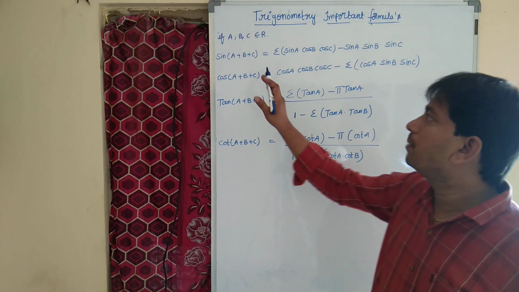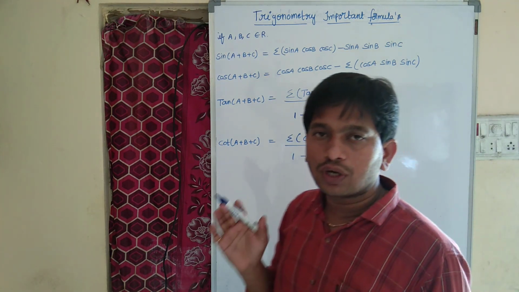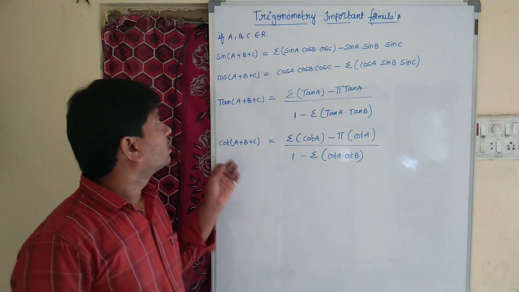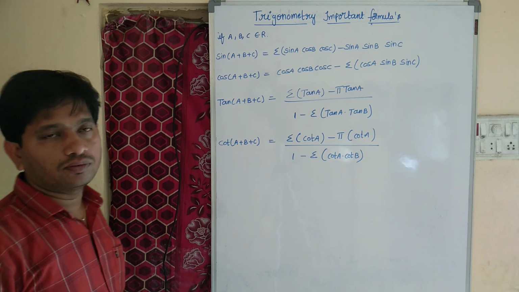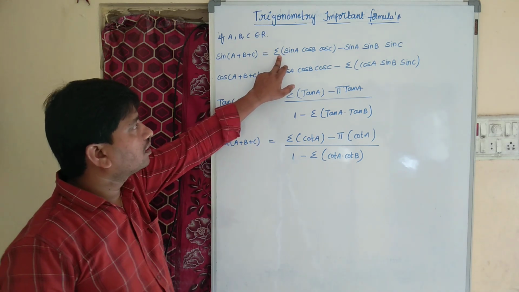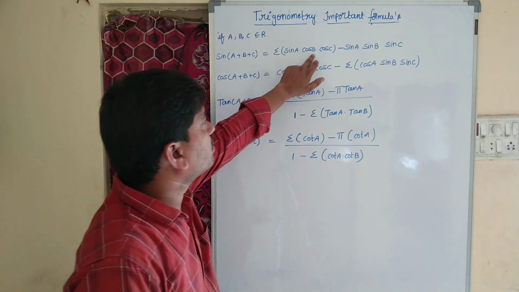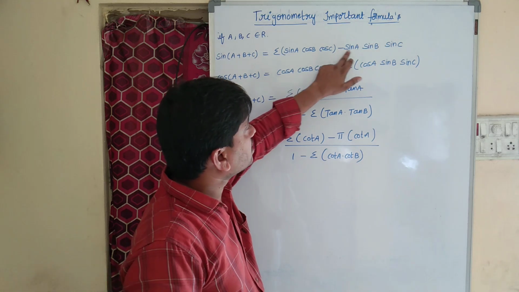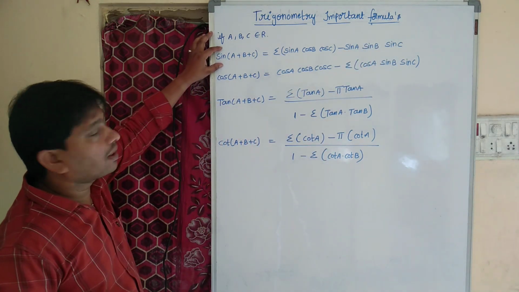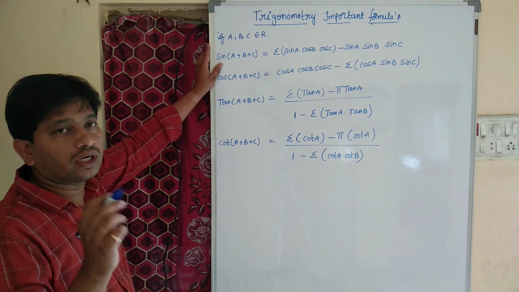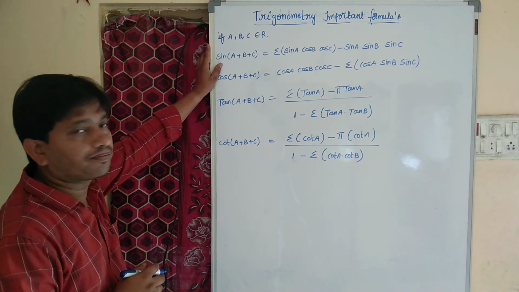Now if A, B, C belong to R, sin of (A plus B plus C) equal to sigma sin A cos B cos C minus sin A sin B sin C. Children, these formulas play a crucial role in IIT Mains and Advanced.